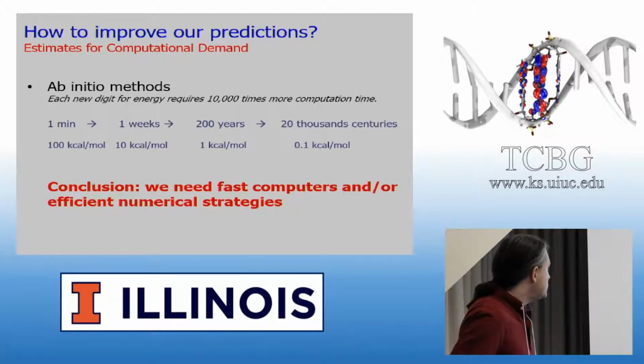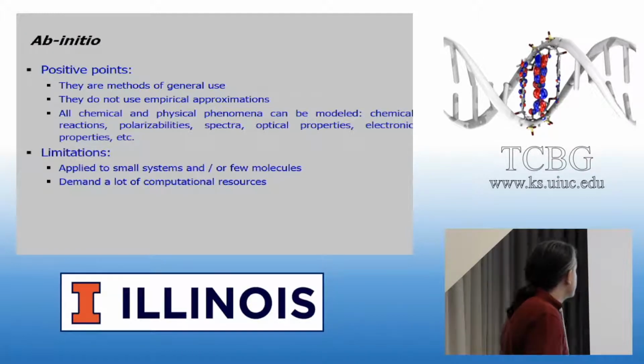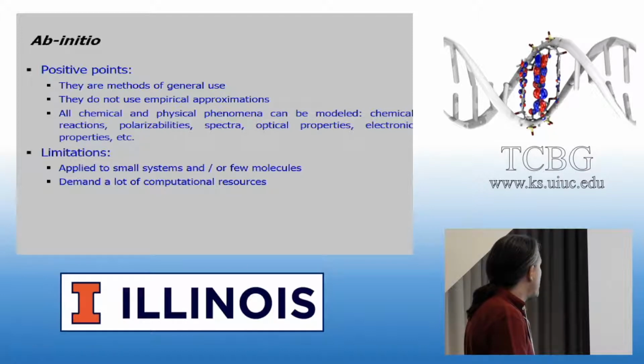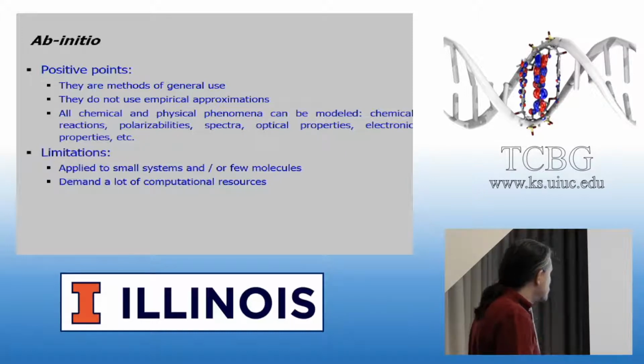Well, in short words, for the ab initio methods, you have positive points because they are methods of general use. They do not use empirical approximations.